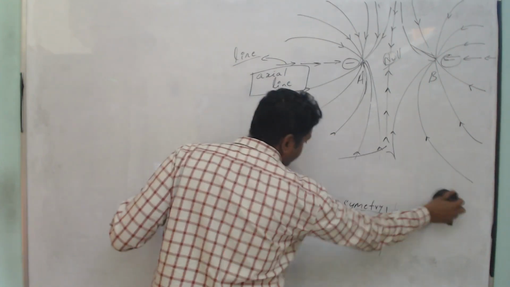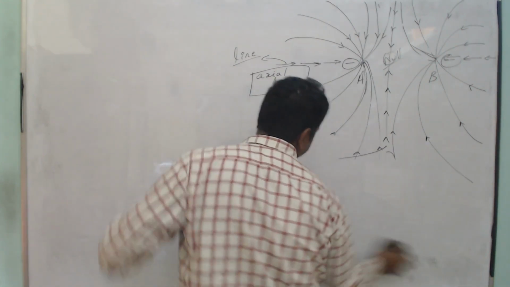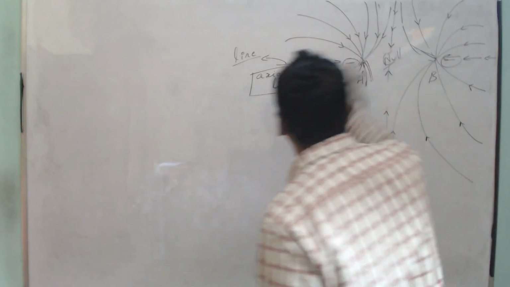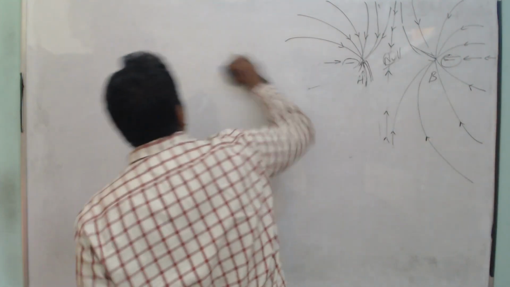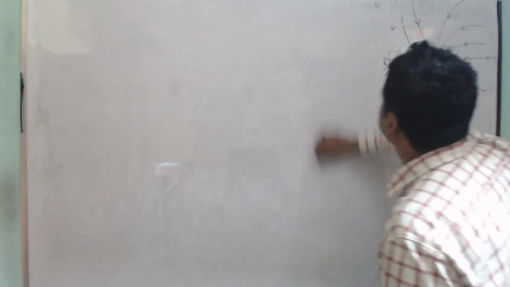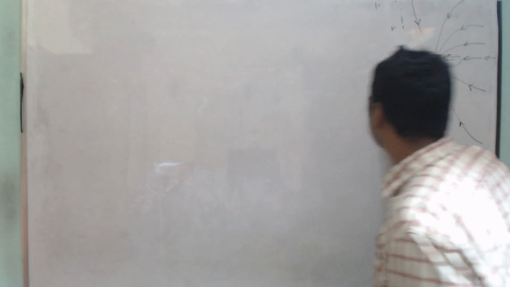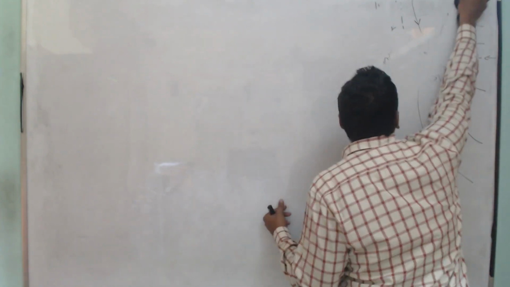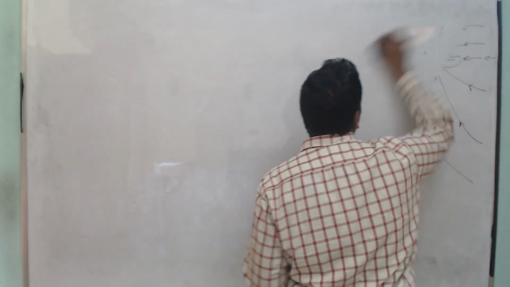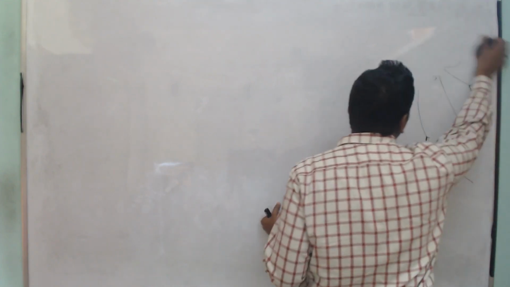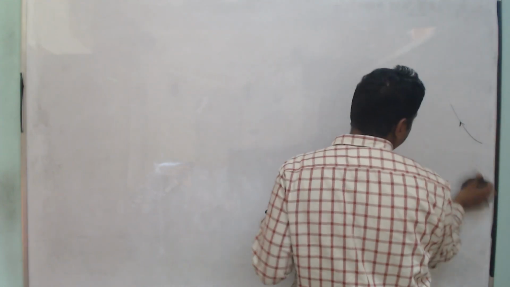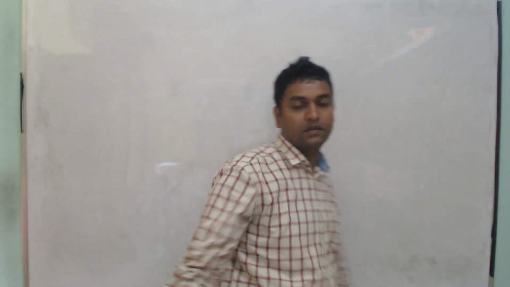So we have looked into two positive charges, we have looked into two negative charges, and also we have tried to understand the three-dimensional perspective rather than just the two-dimensional perspective. So there will be infinite equatorial lines in a 3D space for two charges. Is this clear?